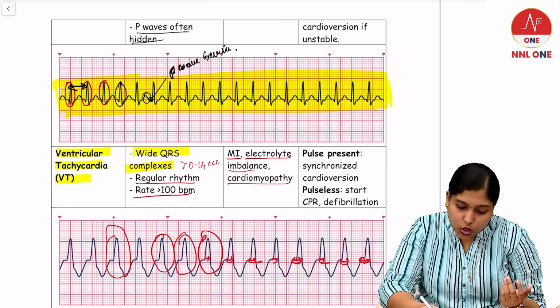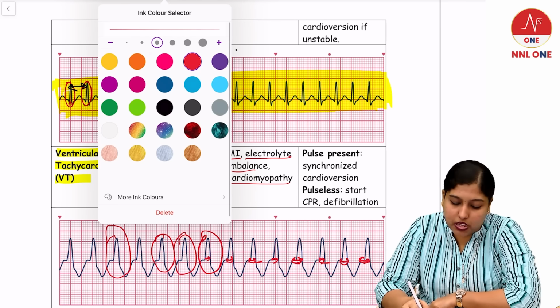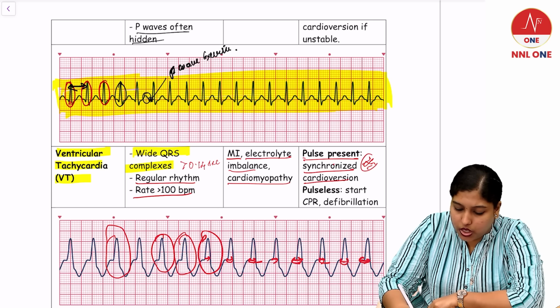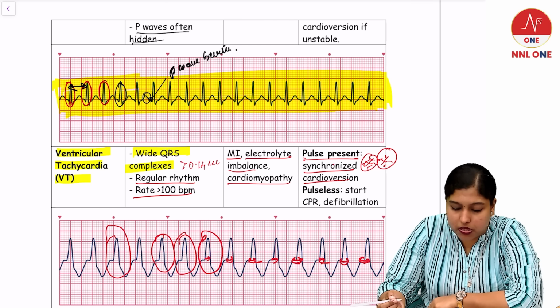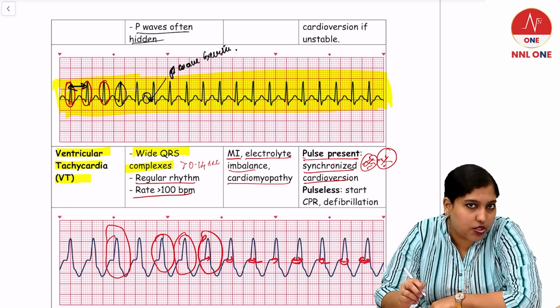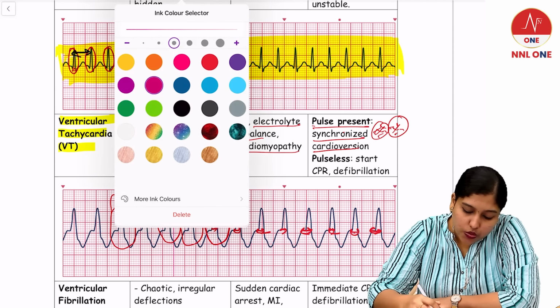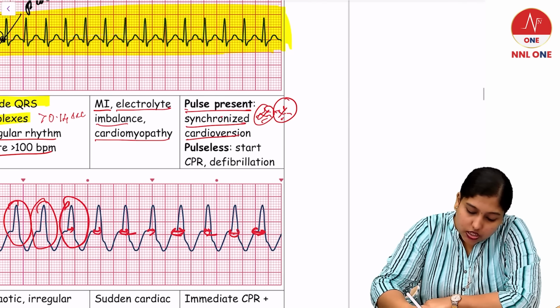And what is the management of VT? If the pulse is present, you give synchronized cardioversion. Very important point to note. What does synchronized cardioversion mean?